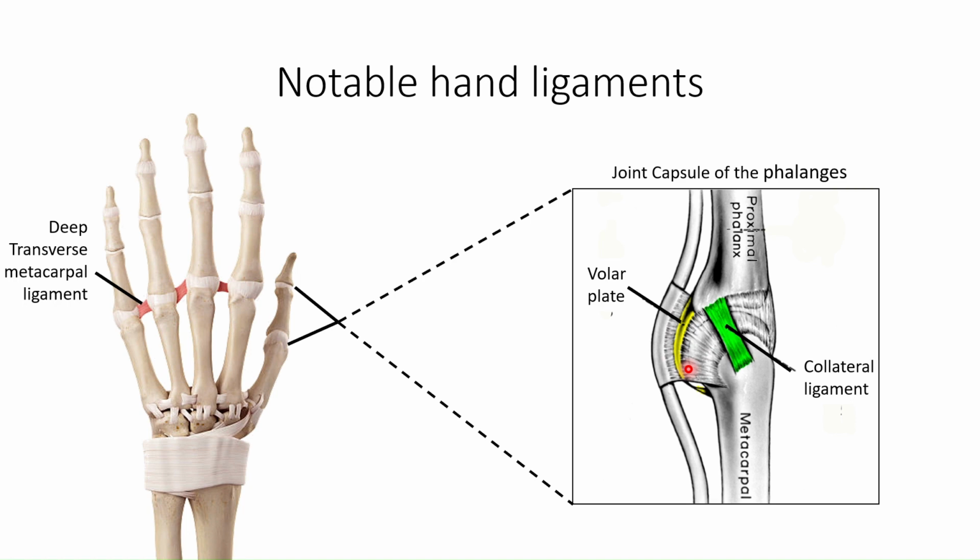These ligaments are very strong and tighten to keep these joints from hyperextending in the dorsal direction.